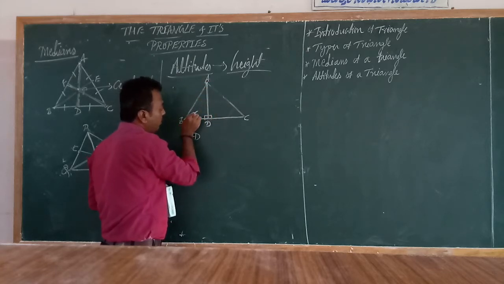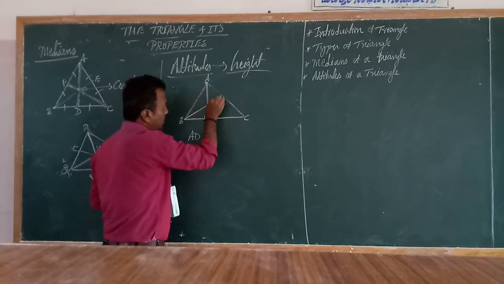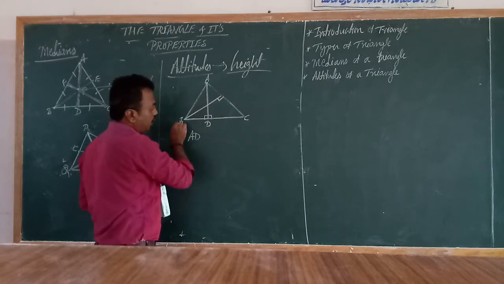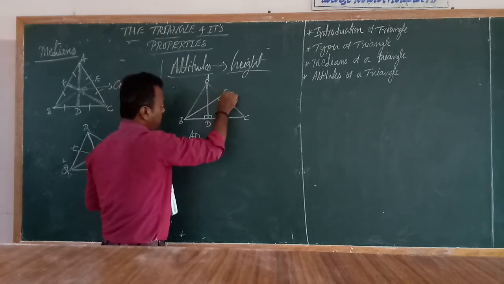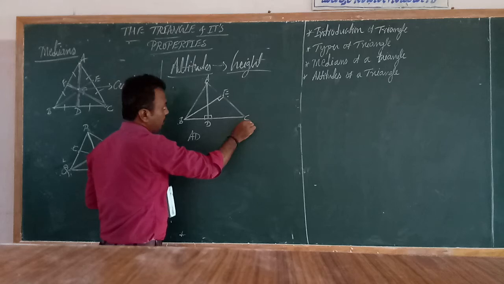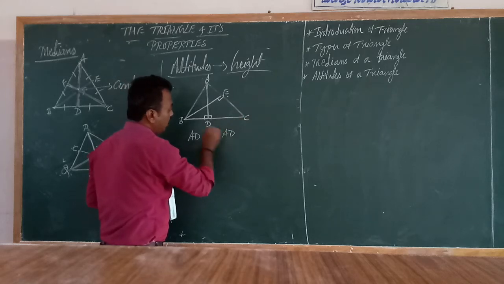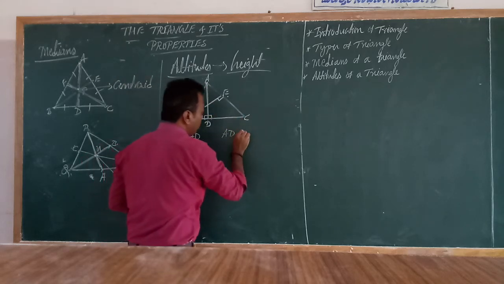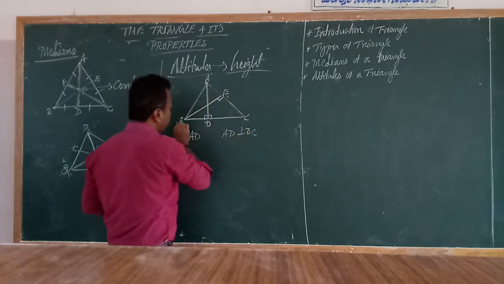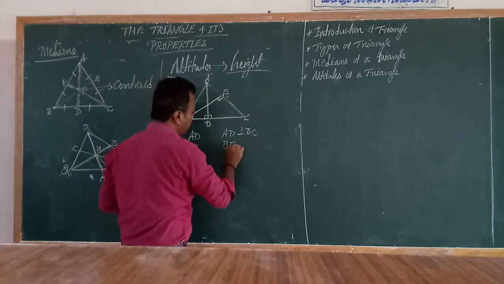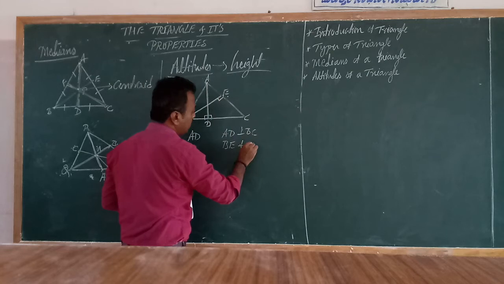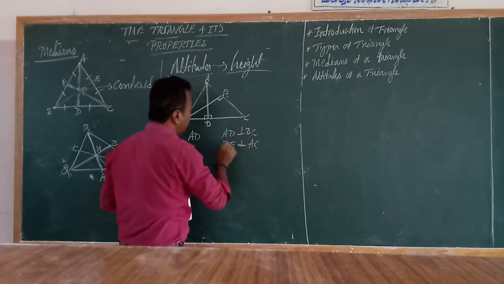Another altitude is from the vertex B. So this is also an altitude of the triangle. This is E. So BE is perpendicular to AC. So first AD is perpendicular to BC and BE is perpendicular to AC.